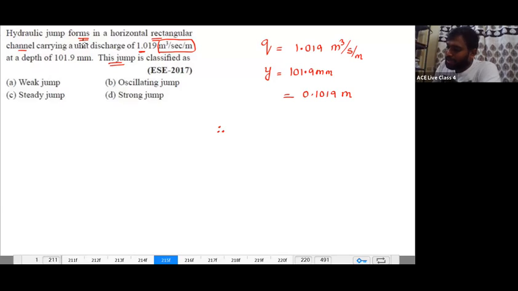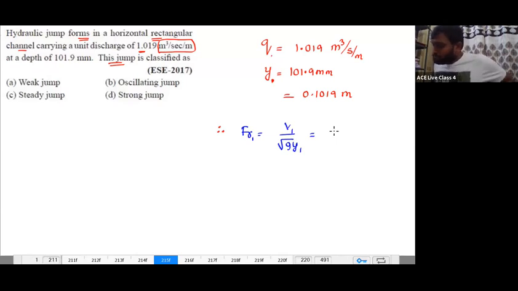So you know that a hydraulic jump forms in a rectangular channel carrying a unit discharge of 1.019, and the depth is going to be 0.1019. So what is FR1? V1 by root of g Y1, or here you can find out the velocity. The jump is classified as.